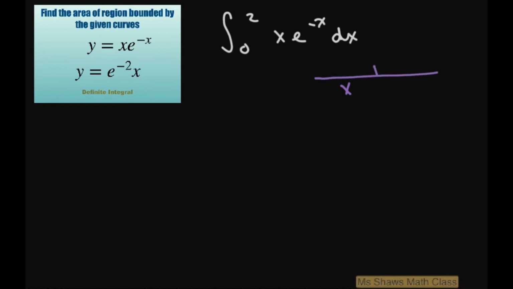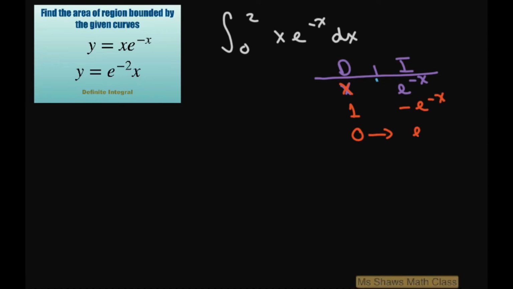That means we're going to take the derivative of our algebraic expression and integrate our exponential expression. For the derivative, you just keep taking the derivative till you get to 0. The derivative of x is 1, the derivative of 1 is 0, so once you get to 0, you stop. Now let's integrate the exponential. This is going to be negative e to the power of negative x.